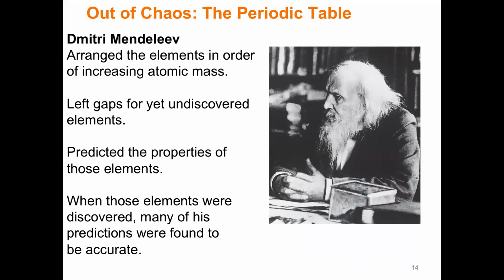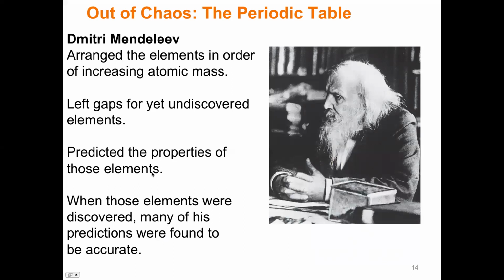It comes from the number of protons in those atoms. And he arranged them in order, right? When he started doing this, we didn't have all of the elements yet, okay? But he was able to arrange them. And he noticed that when he did that, there seemed to be repeating patterns in the properties of those elements.